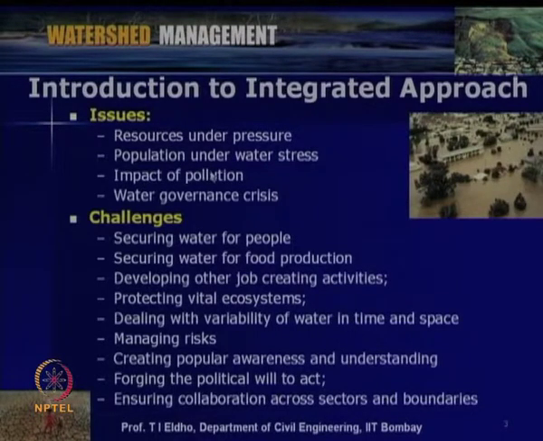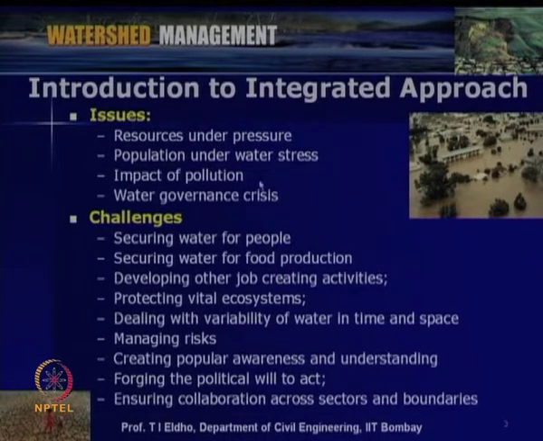So, there is the impact of pollution and a water governance crisis. Some people in some areas get more water, while some poor people are not getting sufficient water for various purposes. So, these are some of the important issues as far as water is concerned.